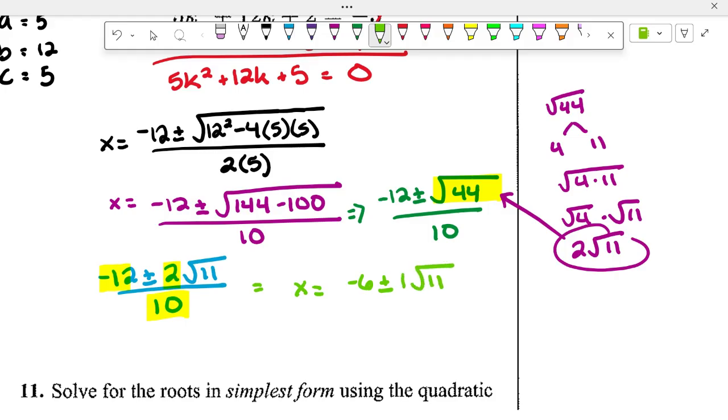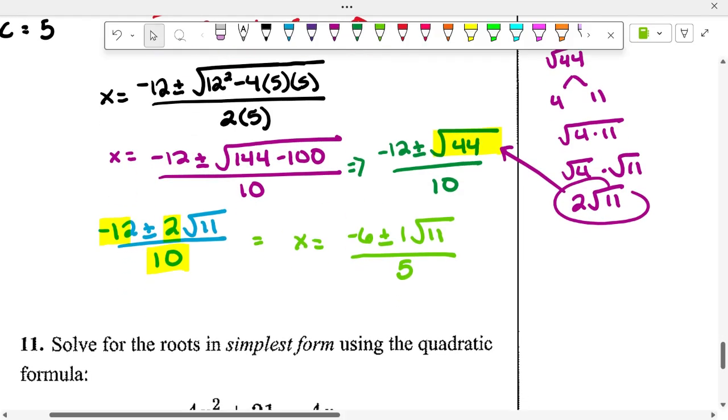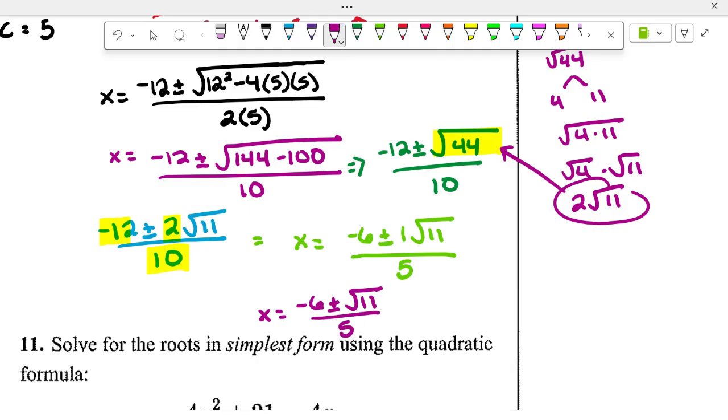Still have the square root of 11. You don't touch that. What's 10 divided by 2? 5. And now I'm done. So just to clean it up a little bit, x is equal to negative 6 plus or minus square root of 11, because you don't have to put the 1, over 5. If you left the 1, I wouldn't count it wrong, but you just don't have to.